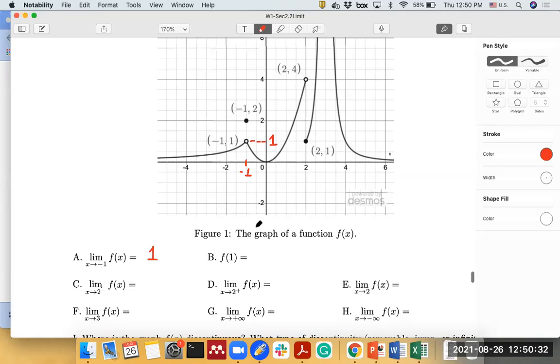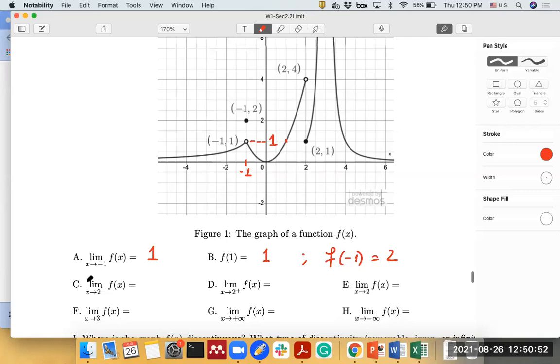Oh, at 1, then it should be here. But what I want here should be f(-1). This is what I meant. Okay, it's 2, right? Just wanted to show you something.